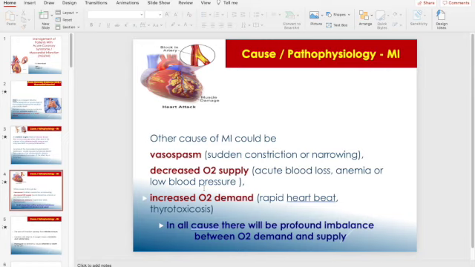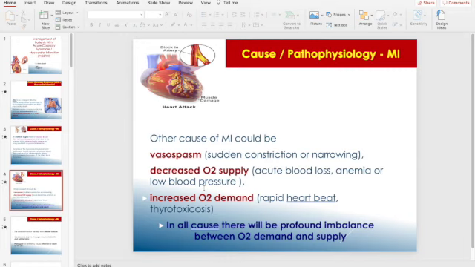Another cause is increased oxygen demand, for example rapid heart rate or thyroid toxicity. If we have increased oxygen demand, decreased oxygen supply, or vasospasm, all of these will reduce the oxygen supply to the myocardium.